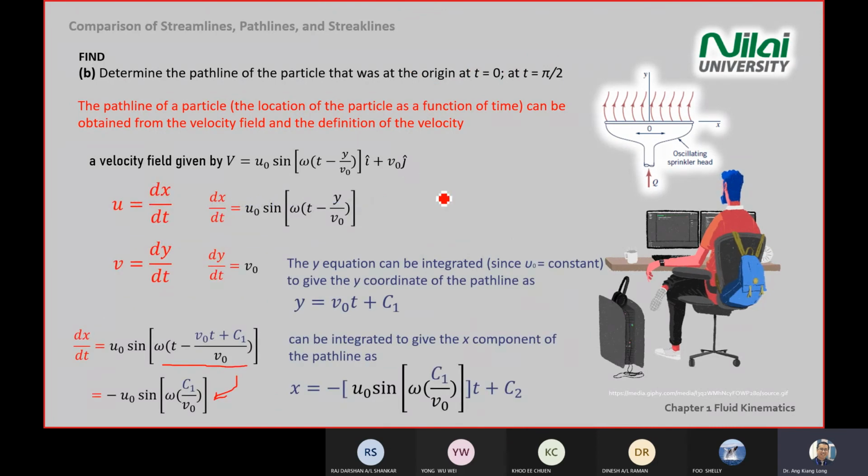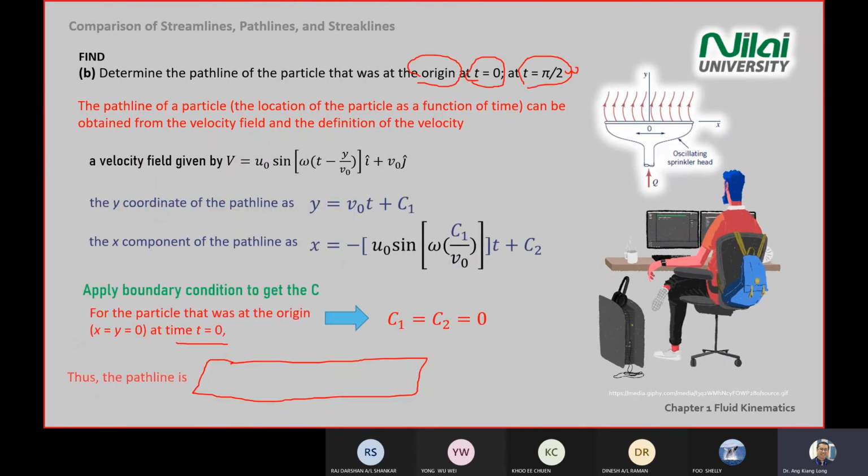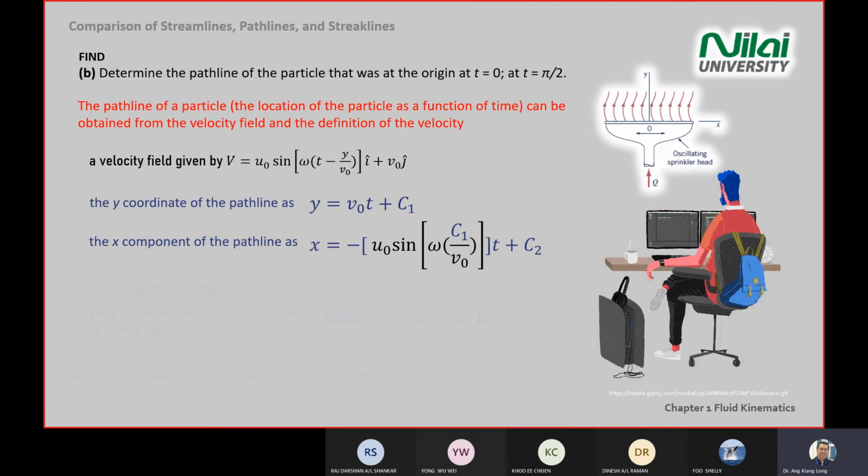What is important for the second section to find the path line is to recall the definition of speed towards the x-axis and y-axis. Then you substitute, get the differential equation, integrate, get the constant value c, write the answer, and you get the solution already.